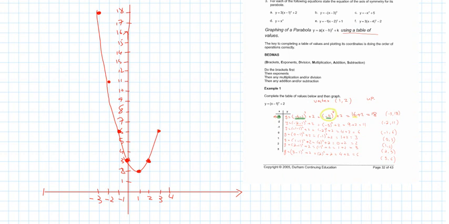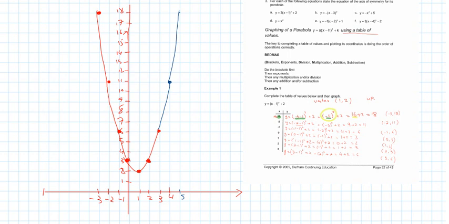It's going to be 11 because of that symmetry. Right? So it's going to be 11. If I go to 5, it's going to be 18. Right? Because of that symmetry. Because remember that if I take this graph and I fold it in half, they have to overlap.